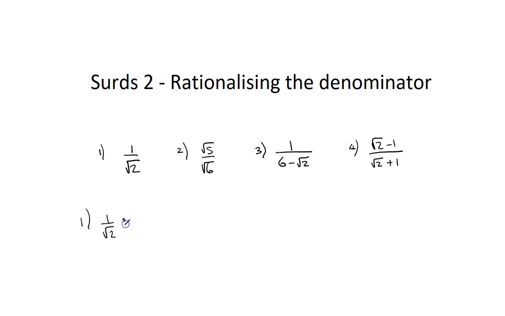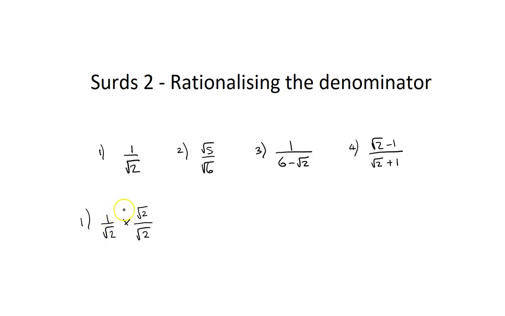So what we're going to do here is multiply this by root 2 on the bottom, the same as the surd we already have, but in order to make it a value of 1, we're going to put a root 2 on the top too. So this fraction here, root 2 over root 2, has the value of 1. So by multiplying by 1, we are not changing the value of our original fraction.